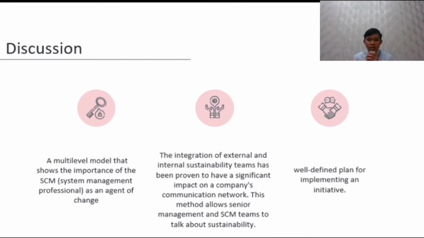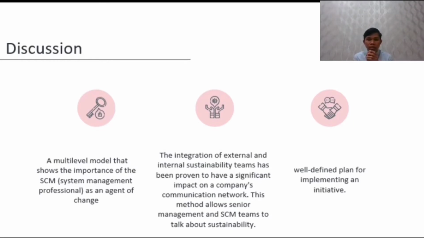The effects of innovation on a social context are explored in this study. Using the SSCC model, we extend the concept of contagion to include a multi-level communication network. This study showed that the involvement of the SCM professionals in the organization's systemic change processes is a multi-level model.